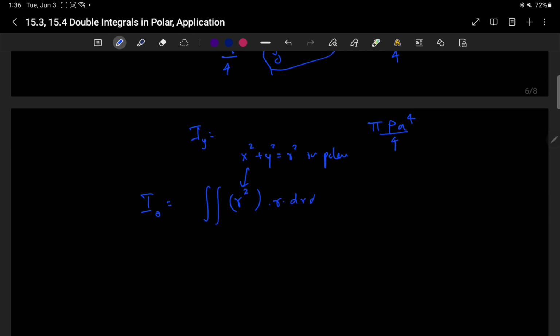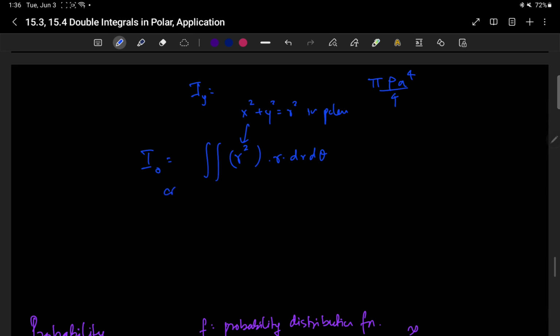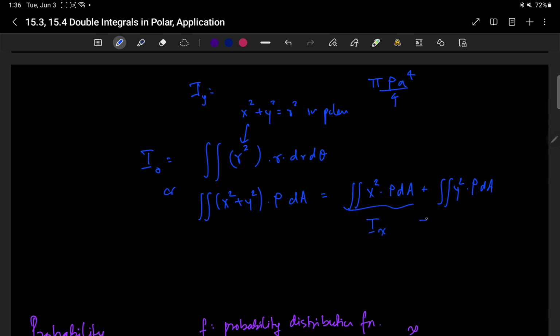You can work it this way, or you can make the observation that the integral of x squared plus y squared times rho dA is the double integral of x squared rho dA plus the double integral of y squared rho dA, which means this is just the moment of inertia about the x-axis plus the moment of inertia about the y-axis. So when you add them up, it's just going to be 1/2 pi rho a to the 4.